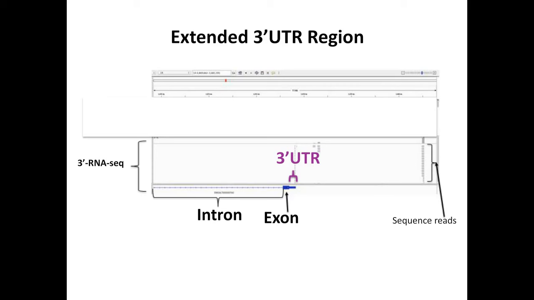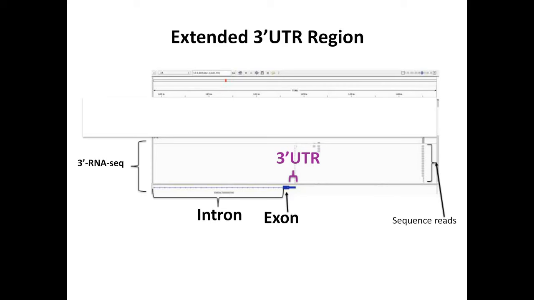So we see that this region is much farther than where the transcript ends. You can see the transcript ends much shorter, but obviously this gene model shouldn't be correct and should be extended to cover a larger region.